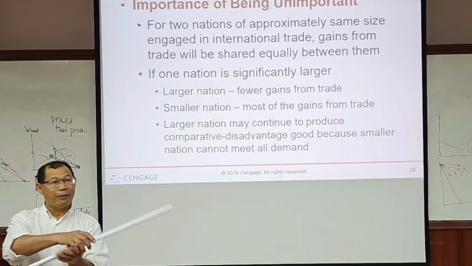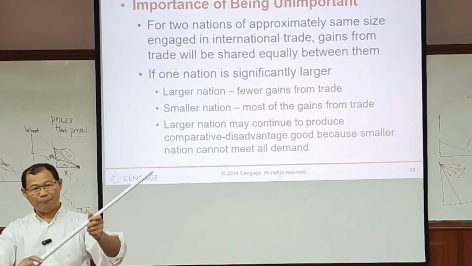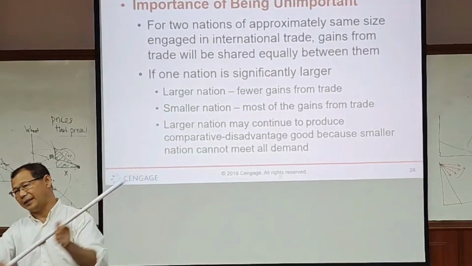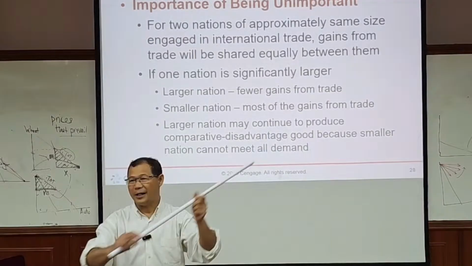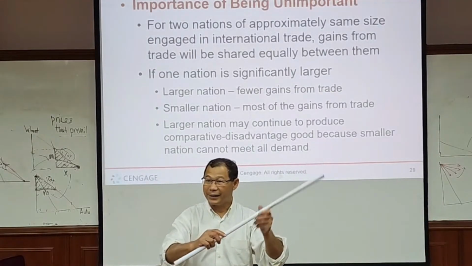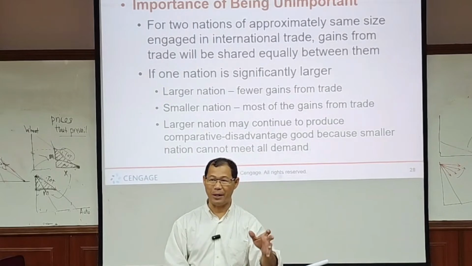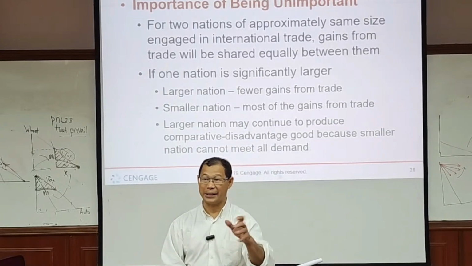What if one country is larger? On the production possibilities frontier, the larger nation will have fewer gains. The larger country can consume more compared with autarky, but the smaller nation gets most of the gains from trade.